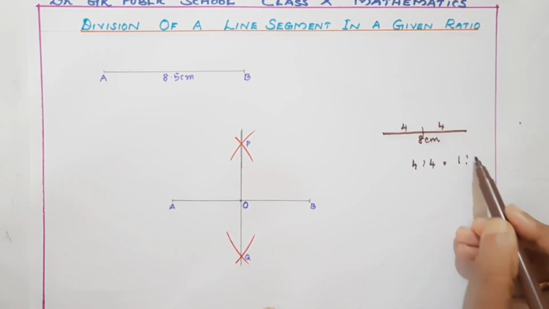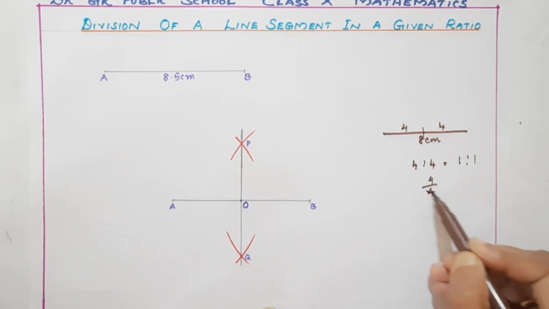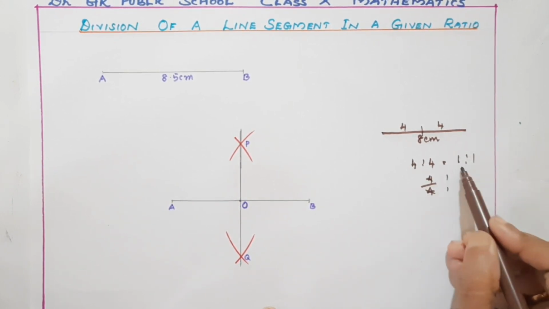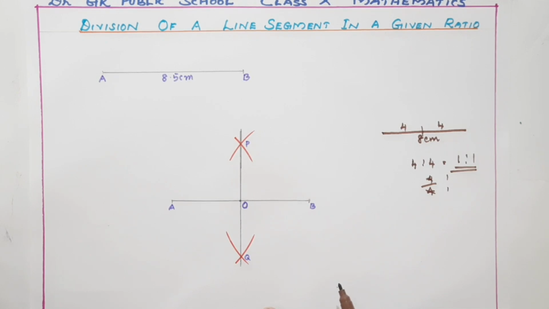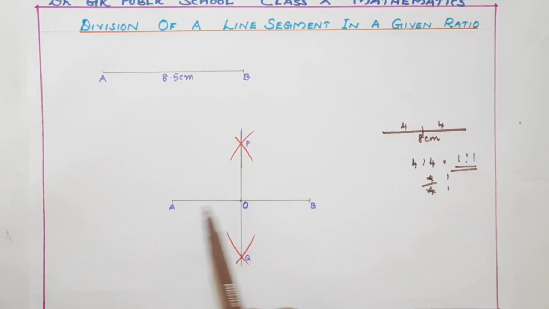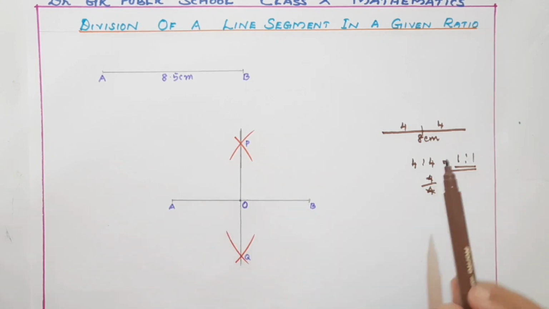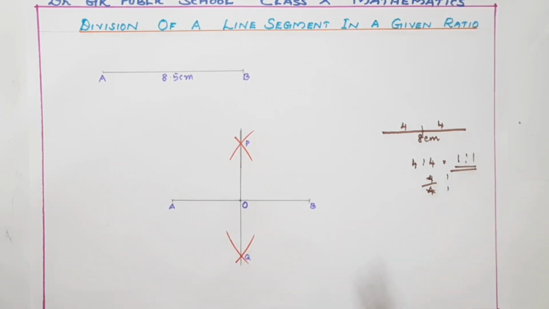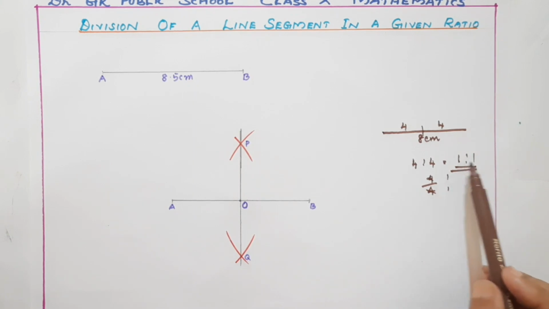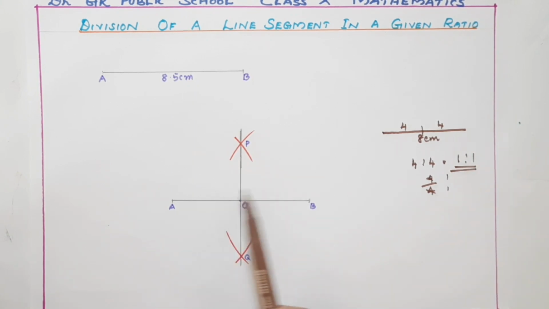It is 1:1. 4 by 4, we can cancel, 1 by 1. The ratio is 1:1. That means we have divided this line segment in the ratio 1:1. 1:1 means we are dividing into two equal parts.